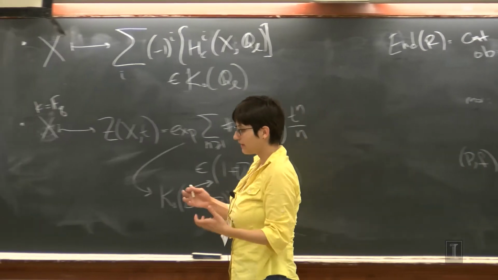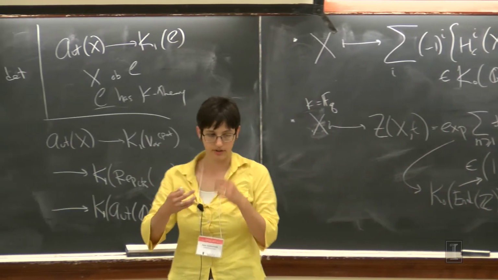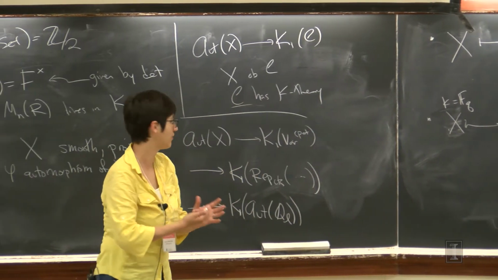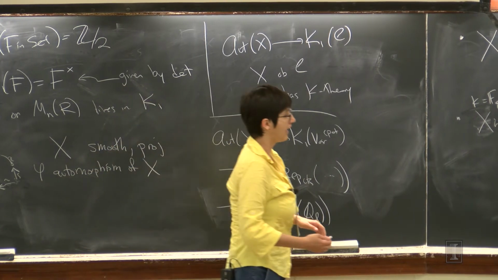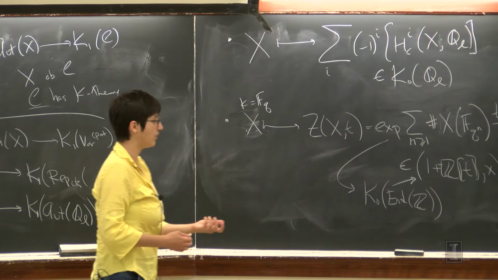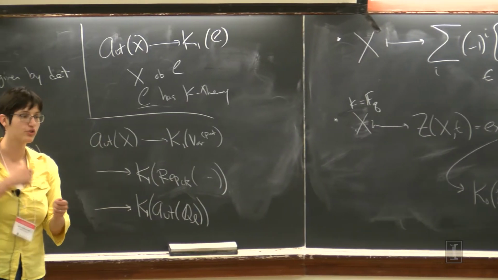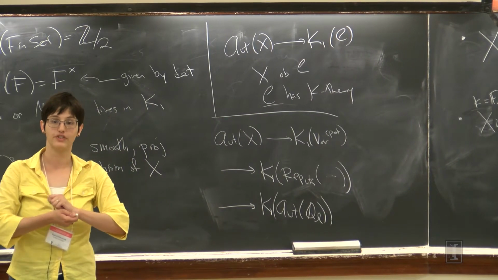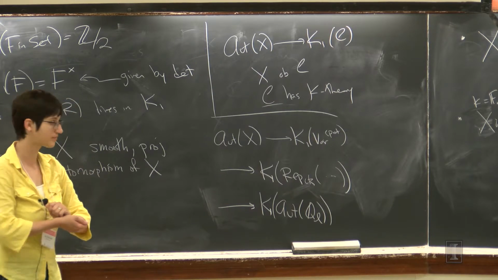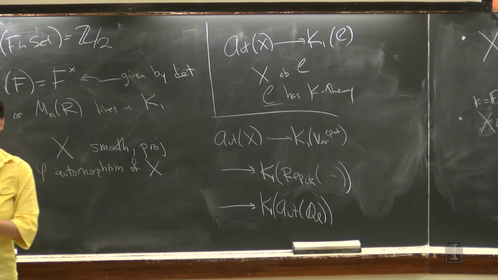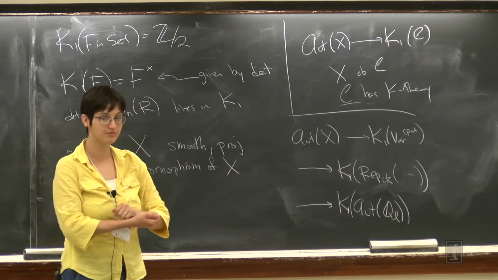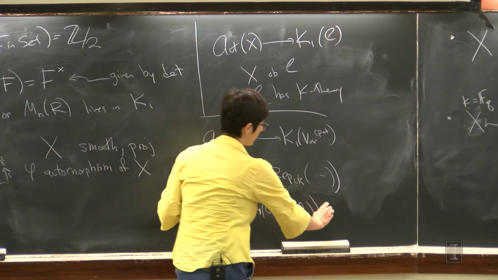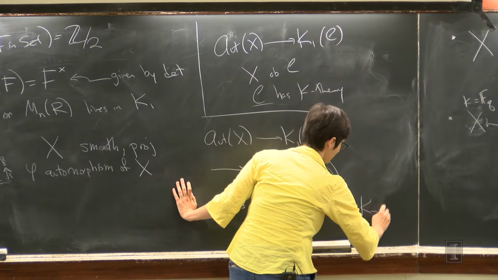I said that automorphisms represent elements of K1, and that's exactly what we're doing when we're tracing through here. You end up with a vector space with two different commuting automorphisms acting on it. And what is represented by pairs of commuting automorphisms? Well, it's K2. So we have a map from here to K2 of a field.